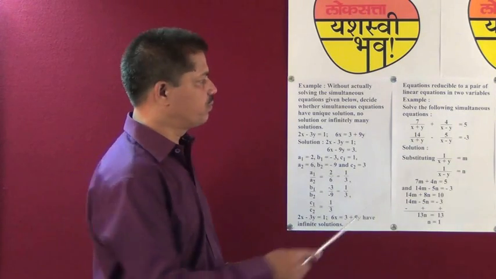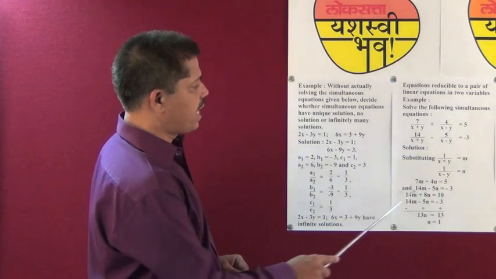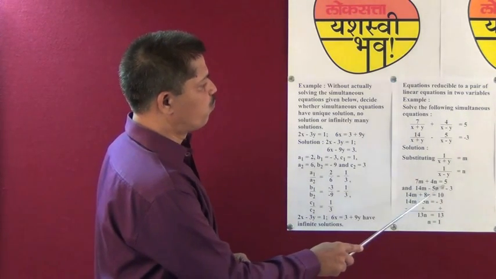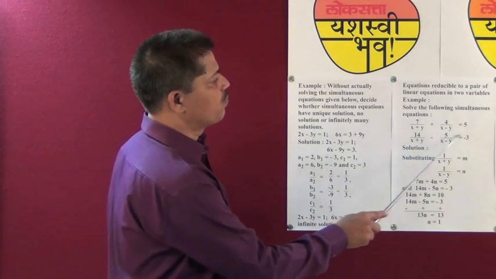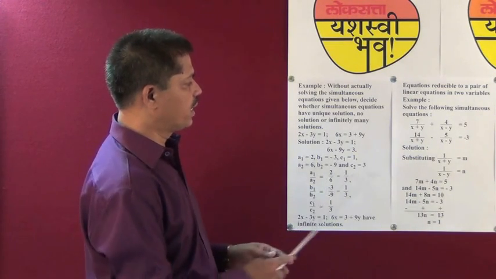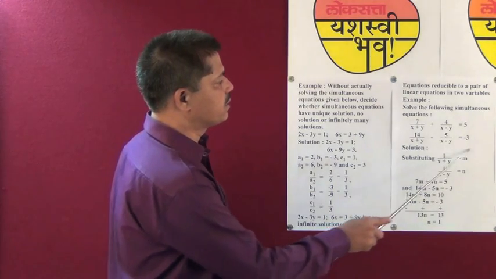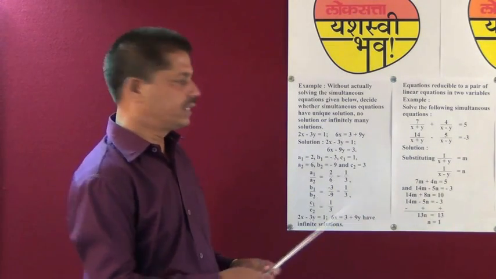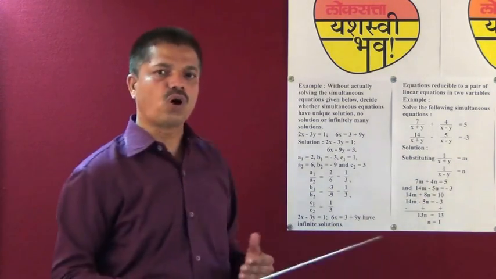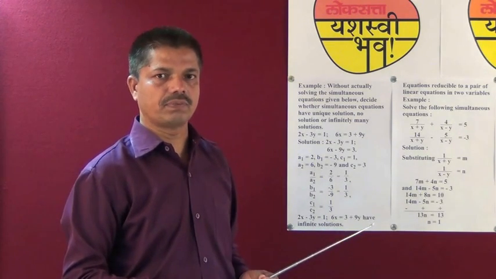If we substitute these values in the given equations, we get 7m plus 4n is equal to 5 for the first equation, and for the second equation, we get 14m minus 5n is equal to minus 3. Now these two equations you can solve by the methods which you already studied in the previous part.